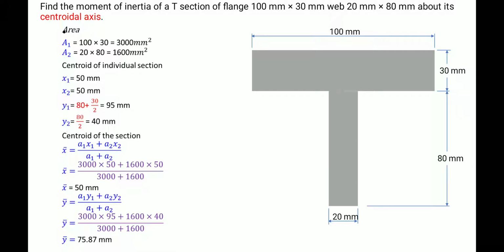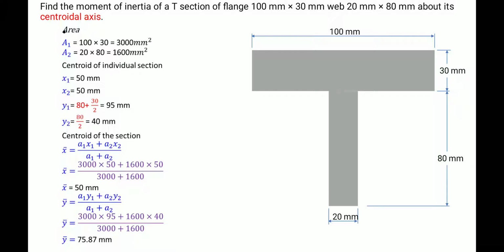Here the question is, we have to find the moment of inertia about its centroidal axis. Centroid means the center point of the T section. We already studied how to locate the centroid of a T section.